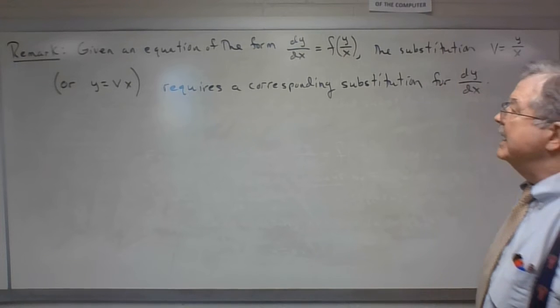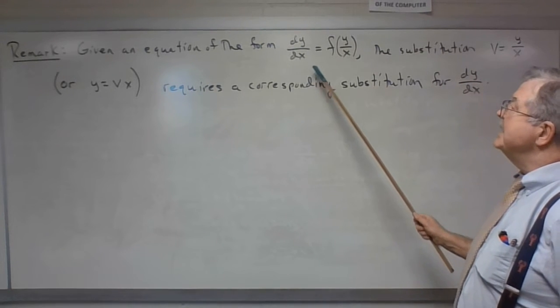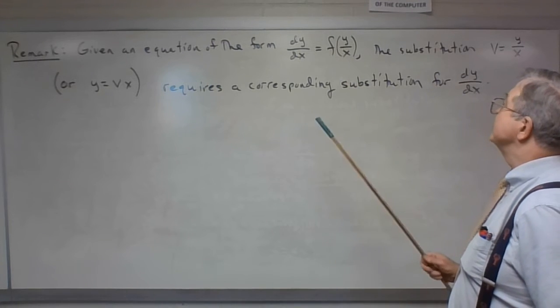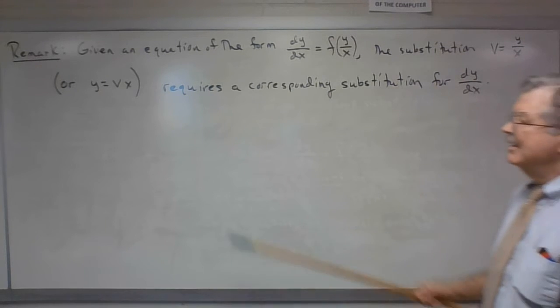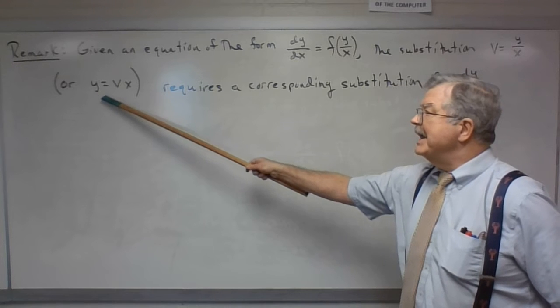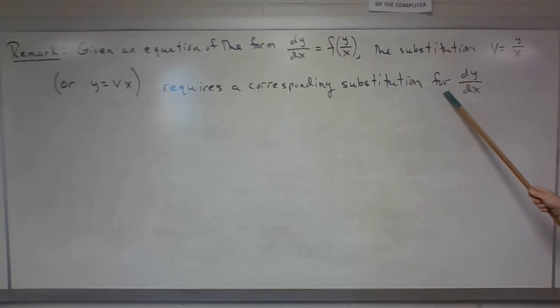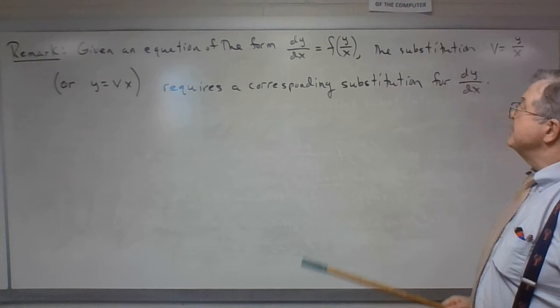Here's the bottom line. Given an equation of the form dy/dx equals f of y over x, the substitution v equals y over x, or equivalently y equals vx, requires a corresponding substitution for dy/dx. The fact of the matter is this.